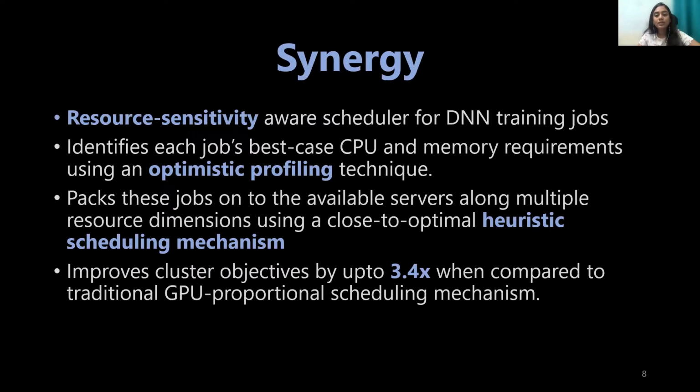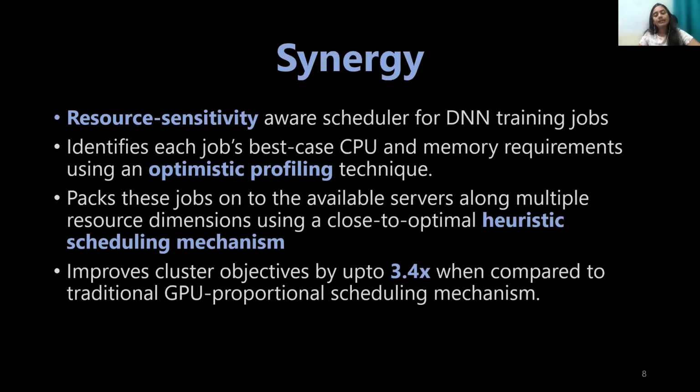Synergy is a resource sensitivity aware scheduler for DNN training. So Synergy first identifies each job's best case CPU and memory requirements using an optimistic profiling technique. It then augments a heuristic resource allocation mechanism to any chosen scheduling policy that the cluster uses, and it performs multi-dimensional resource allocation.